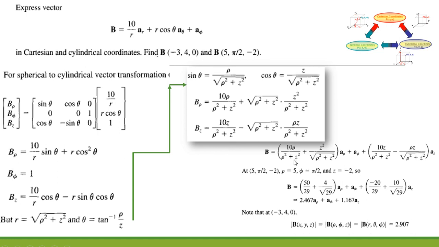Then we substitute the cylindrical coordinates into this equation and simplify. If you simplify, you get 2.467 for the first component B rho, 1 for B phi, and 1.167 for Bz. So you get this equation.